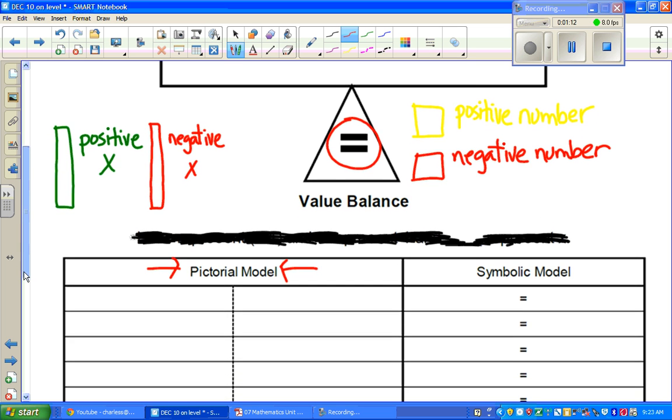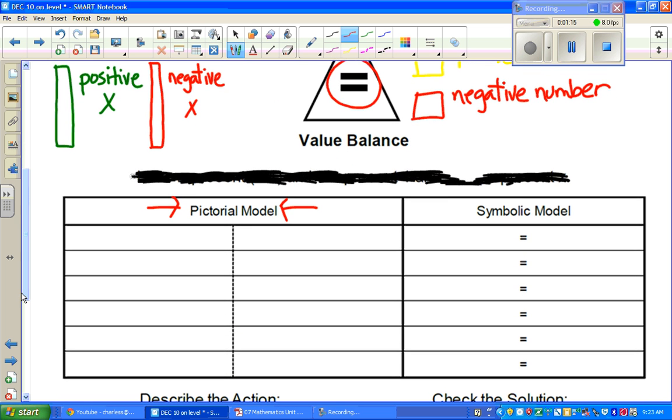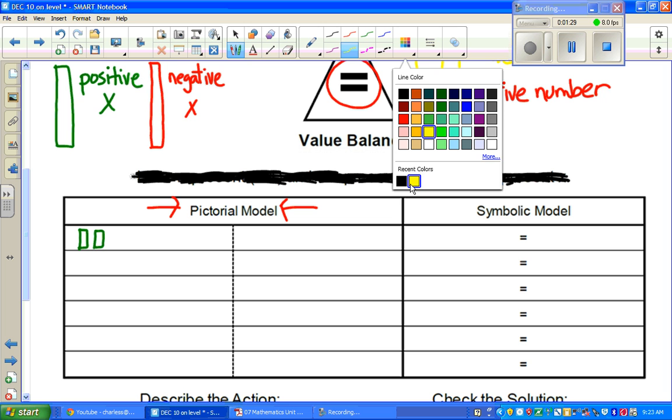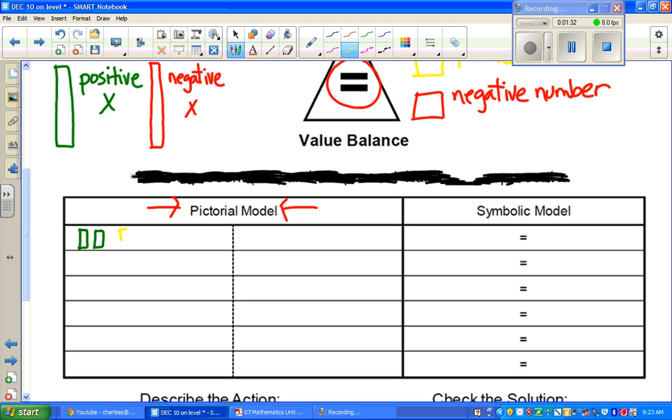All right, so let's look at the pictorial model. Our equation is 2x plus 3 equals 9. So the x's are positive, so we're going to draw two green rectangles. And then we need a positive 3, so we need 3 yellow squares. If you notice the dotted divided line, that is our equals.